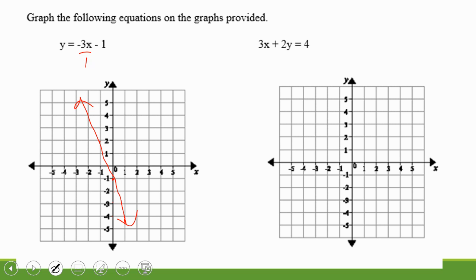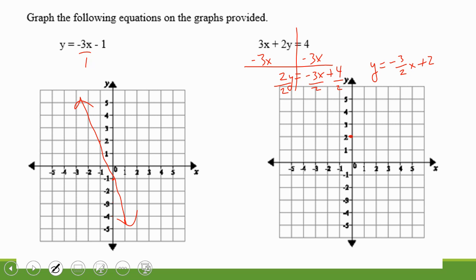That's a review from last semester. So for this one, it's not in slope-intercept form. I'm going to get y alone, so I need to divide everything by 2. So I'm graphing y equals -3/2 x plus 2.